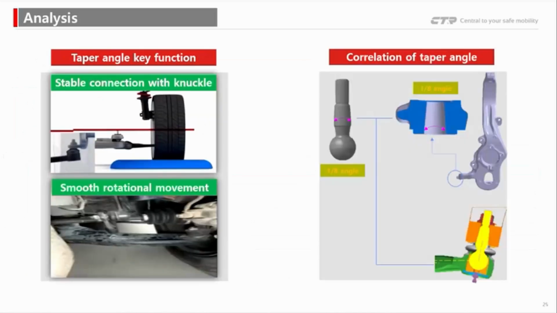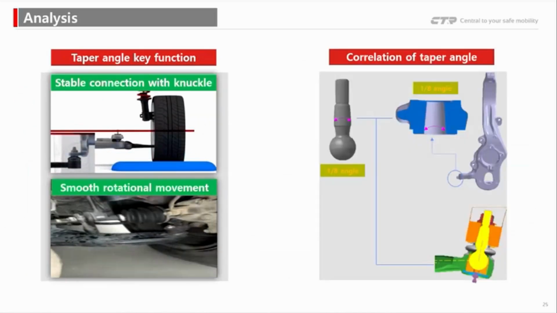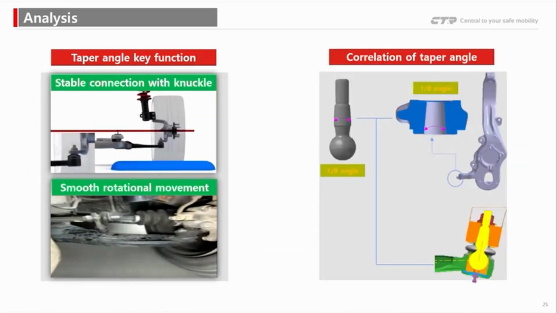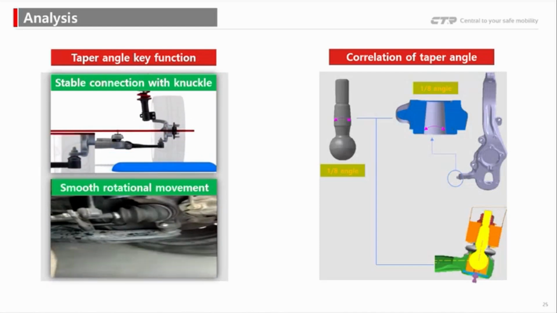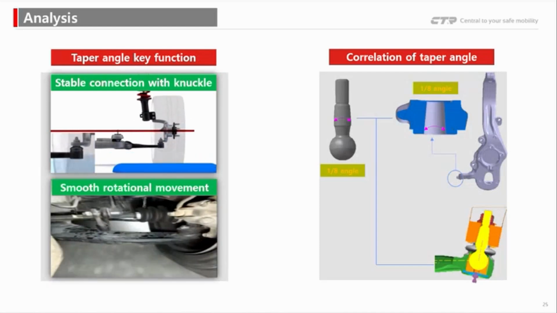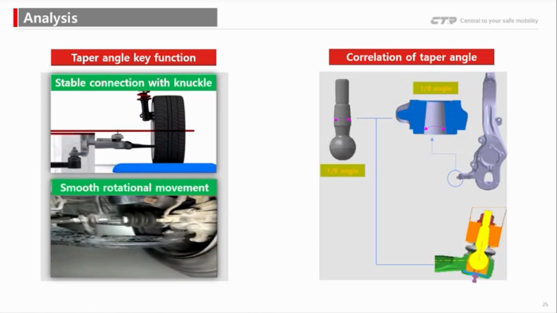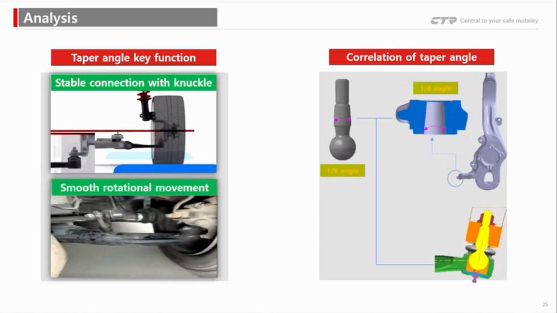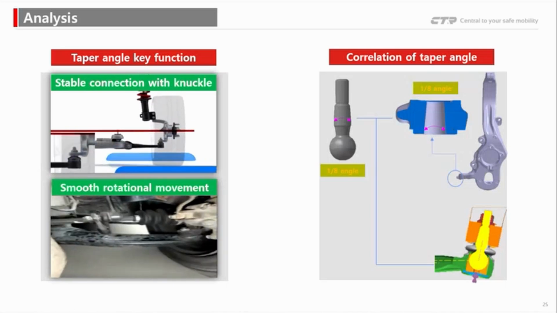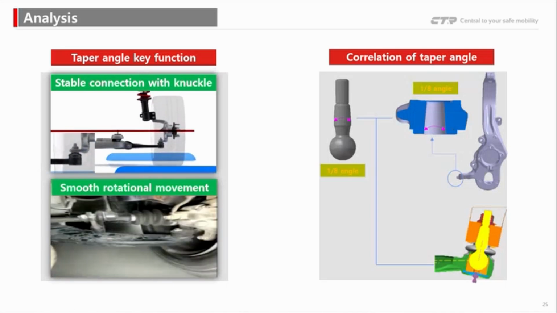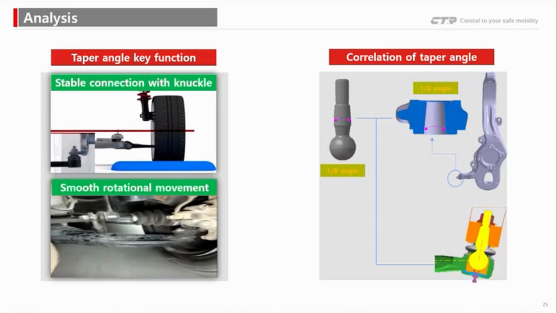This slide explains the key function of the stud taper angle and its correlation with a vehicle suspension system. On the left, you can see the actual movement of the suspension system. This shows how the ball joint connects to the knuckle and allows smooth rotation during steering.